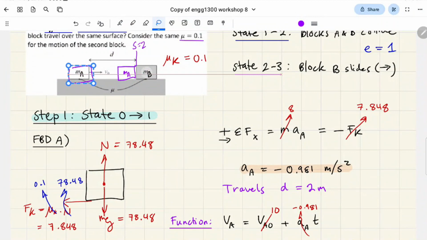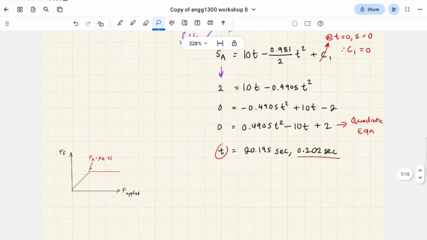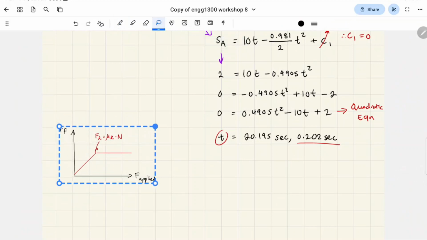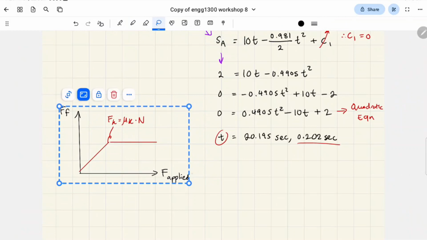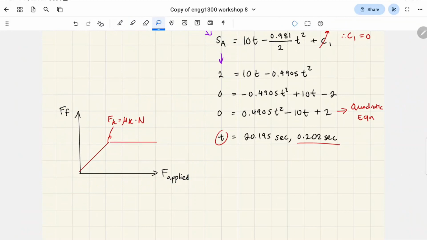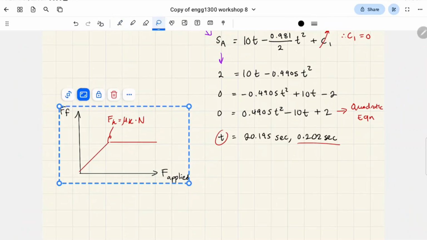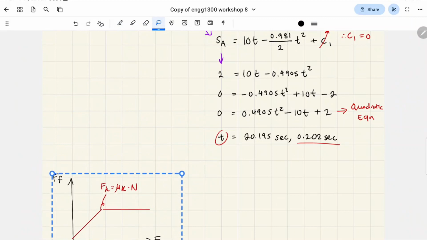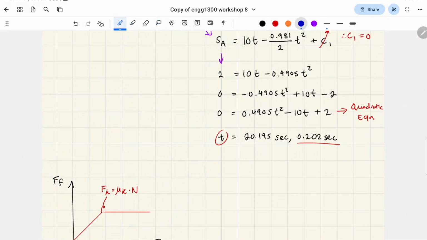Obviously this isn't how it works in real life, and the reason goes back to this diagram. Once the applied force is low enough, there's a linear decrease in the frictional resisting force until it just stops moving. That was just a bit of extra information. But we haven't told that to the mathematical equation, which is why it still does that.